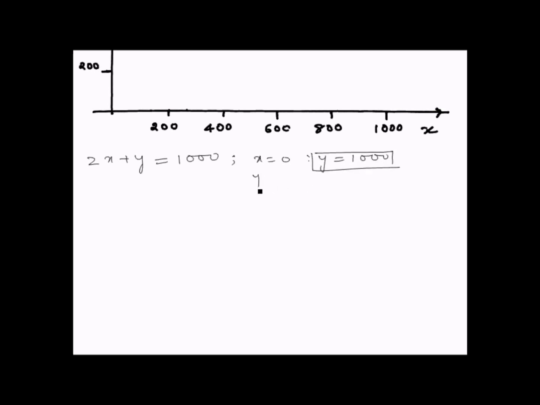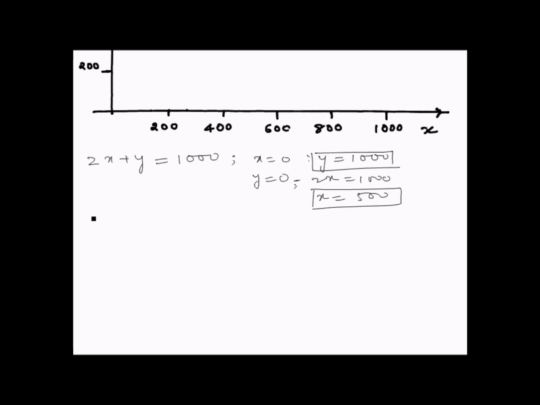Similarly, if we put y equals to 0, we'll get 2x is equal to 1000, which gives x is equal to 500. So this line has an x-intercept of 500 and a y-intercept of 1000.